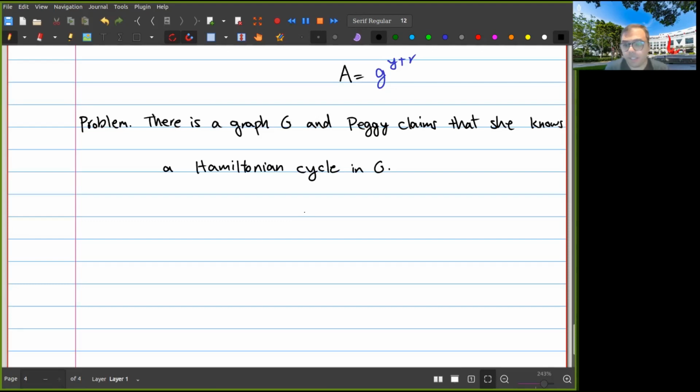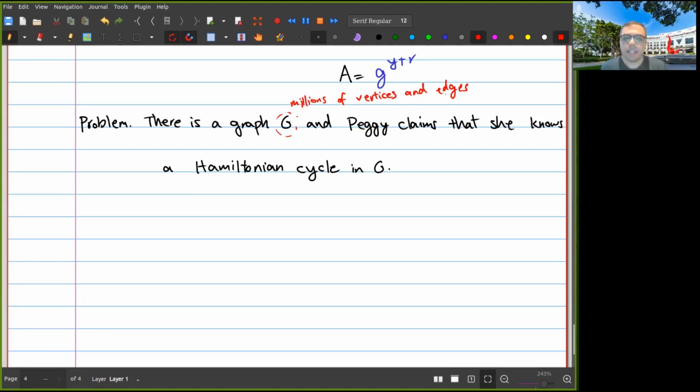And actually finding a Hamiltonian cycle is an NP-complete problem. So if this graph G is really large, if you can imagine that this graph G has maybe millions of vertices and edges, it's basically an impossible problem to really compute a Hamiltonian cycle.